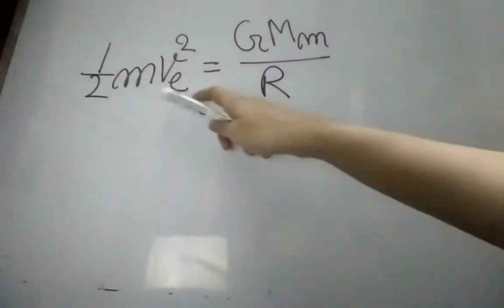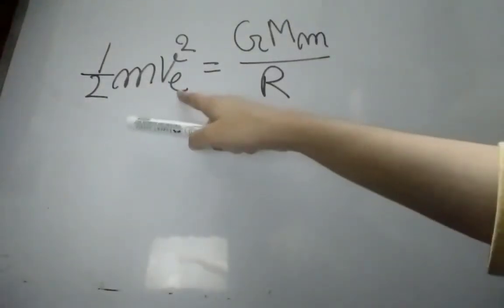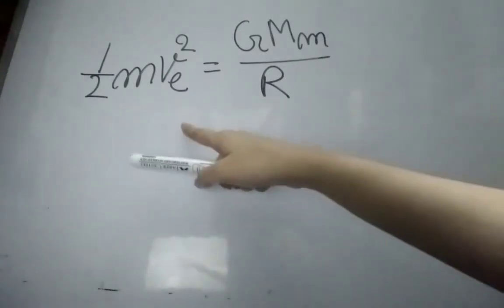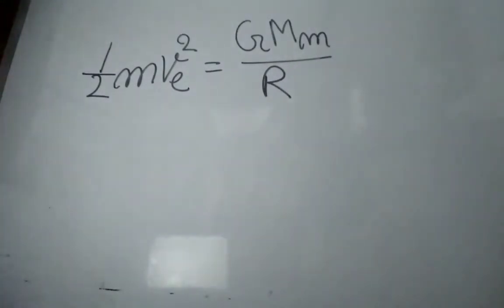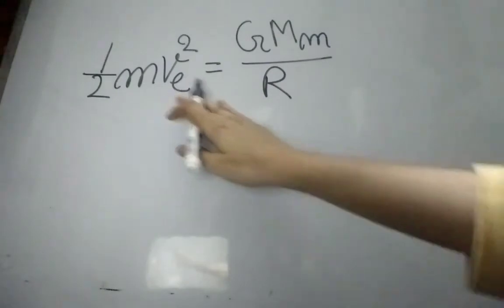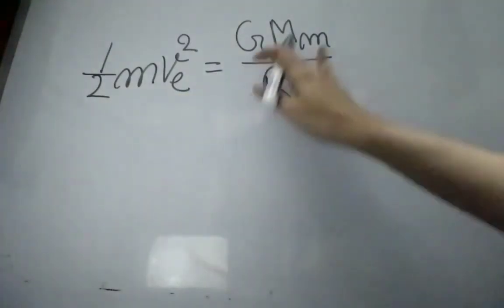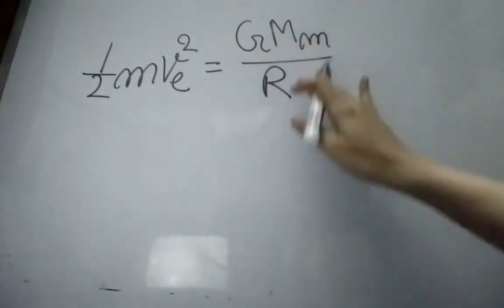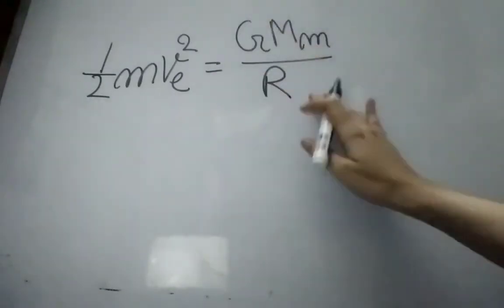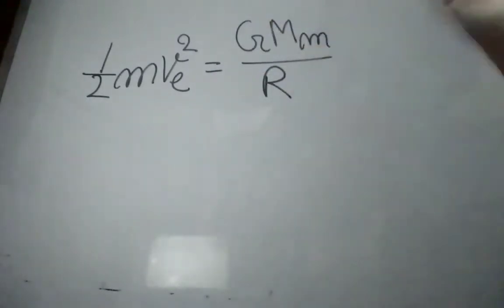Now this is the escape velocity VE, and this half m v square is the initial kinetic energy of the object, and that should be equal to the work done GMm by R. This is the work done to move the object from the surface of the earth to infinity.